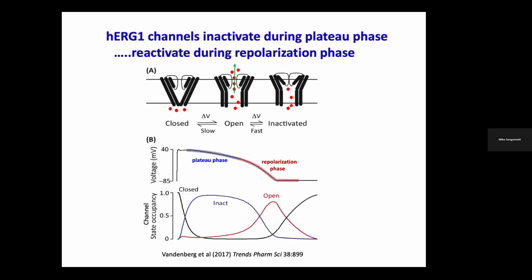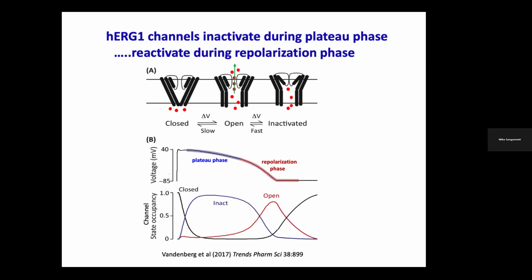And this is really important because HERG or IKR inactivating at plateau potentials is what allows a ventricular action potential to have this long and delayed phase of repolarization. If the current just activated from closed to open and stayed open, with potassium ions going through the channel, the plateau phase would be very short, and the action potential would repolarize right away.